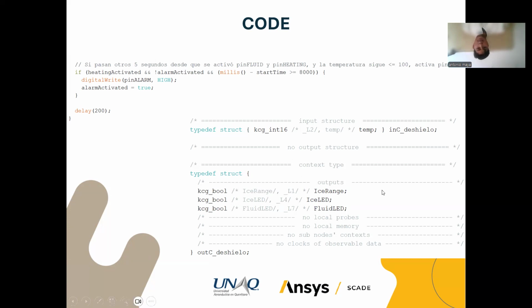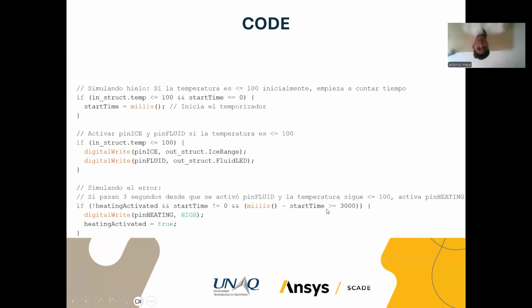So we have this input structure that corresponds to the temperature sensor, and we have an output structure that corresponds to the pins that we're implementing, the ice LED, the fluid LED.